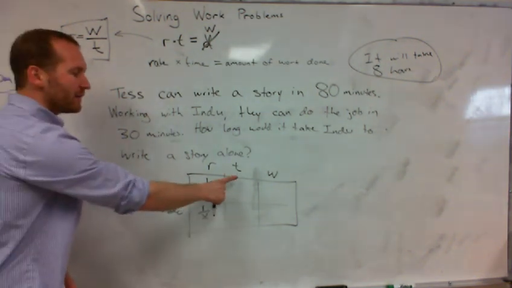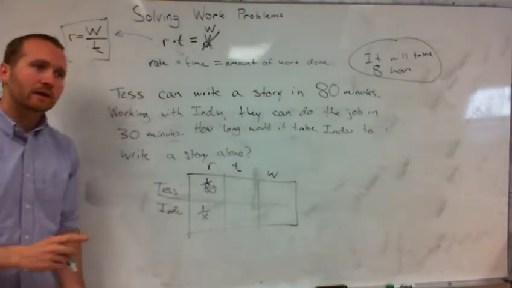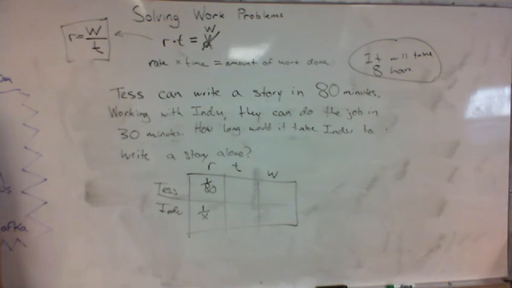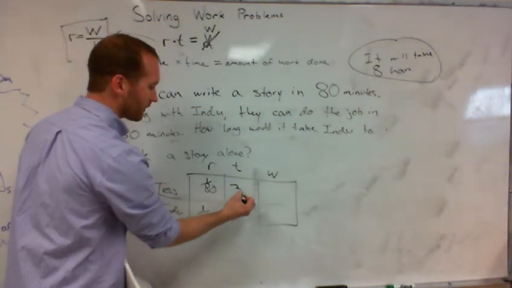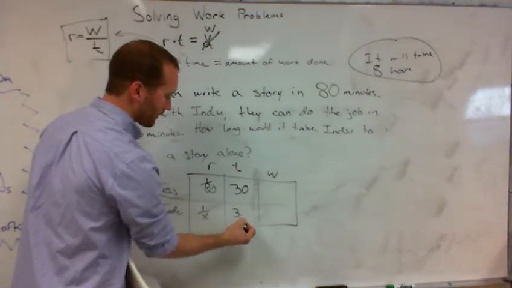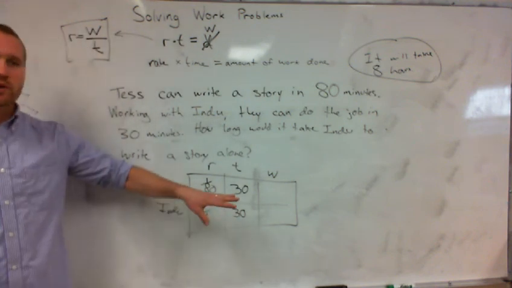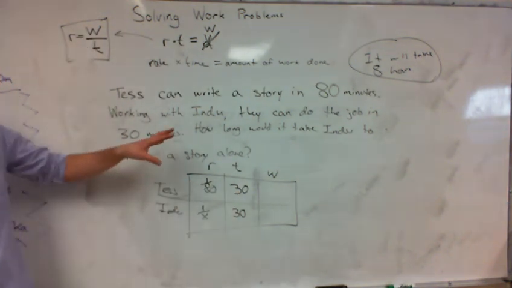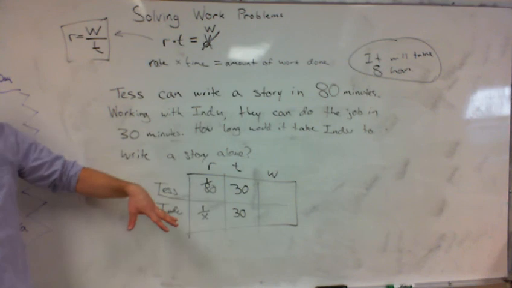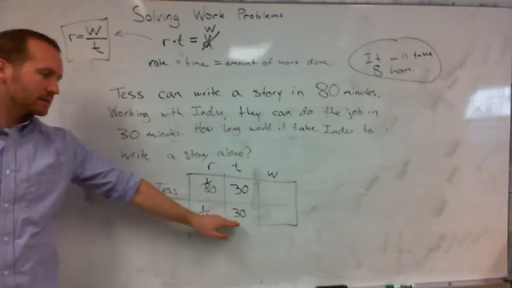Now remember, this column is how long they're working together. So it's 30 for both of them. Even though we don't actually know how long it takes, we don't know Indu's time. If you read this, how long would it take Indu? I would probably think, oh, time is x.